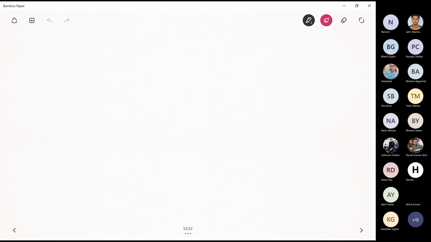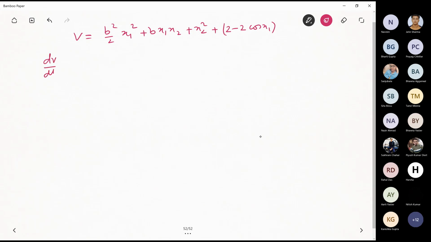So V is b square by 2 into x1 square plus b x1 x2 plus x2 square plus 2 minus 2 cos x1. So write dV by dt along the paths, that is, take x1, x2 as functions of t.